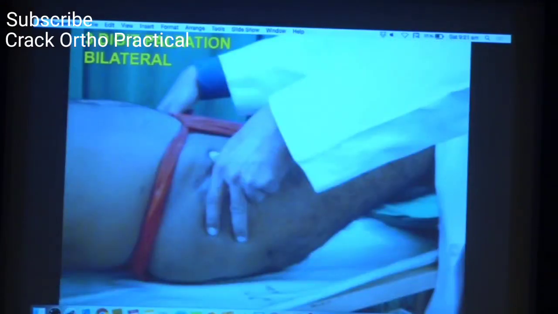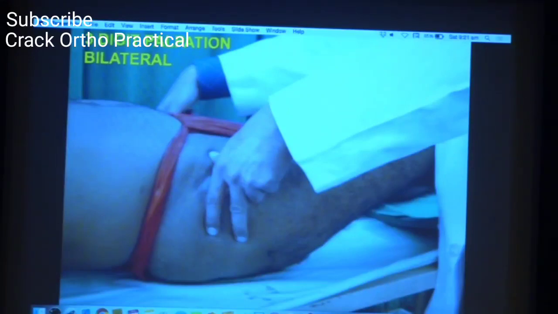This is the 3-digit palpation which we have already talked about yesterday. Thumb at the anterior superior iliac spine, middle finger on the tip of the greater trochanter, and the index finger along the vertical line, a perpendicular drawn from the ASIS to the examination couch. The distance between the index and the middle finger is compared simultaneously with the normal side.